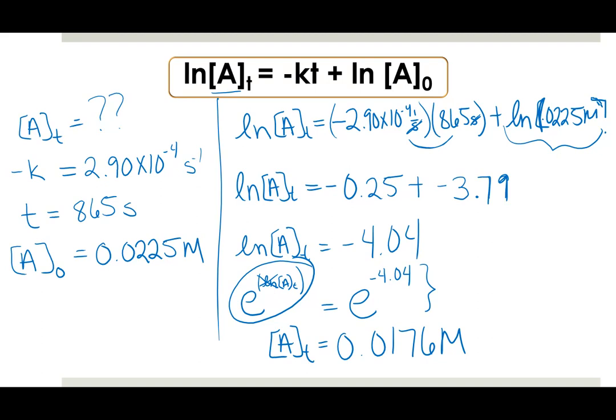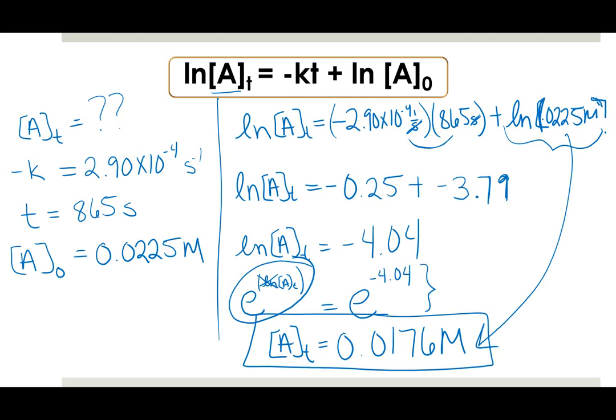So if I started with 0.0225 molarity and I let this reaction go for 865 seconds, does it make sense that the new molarity would be 0.0176? That should make sense. The molarity goes down. That's what we would expect to happen. So that number does make sense to us, and that is the answer for this particular problem.